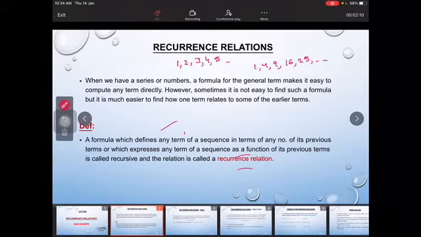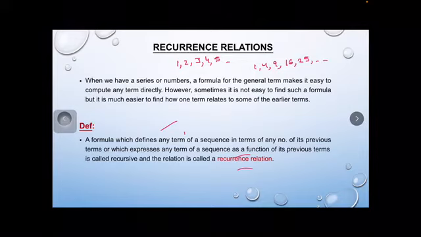The main thing is that for a series we have to find the nth term. So how can you find the nth term of the series if you have the series 1, 2, 3, 4, 5?